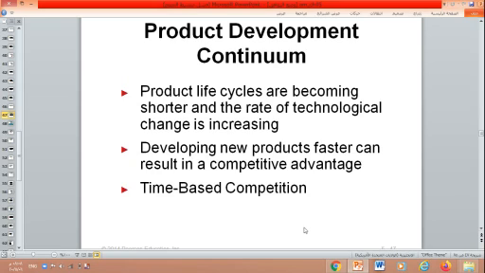So again, the shorter the product life cycle, the more time-paced the competition becomes. The faster you can get to the market and respond to the customer's needs, the more competitive advantage you can have.